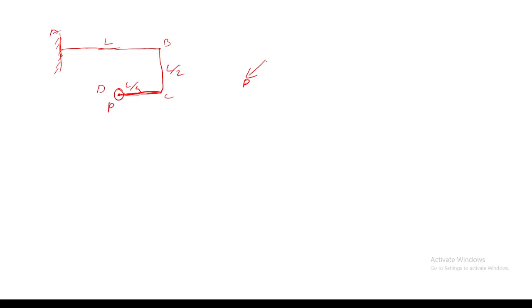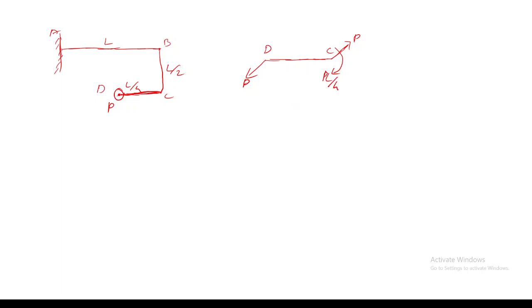Okay, so first I will take the member CD. So this is the loading. Okay, so at point C, you will get a shear force reaction, and you will get a bending moment, which will be like this, P into L by 4.